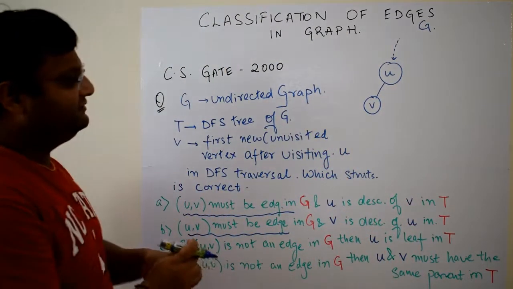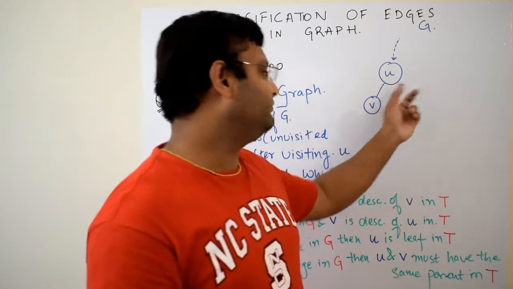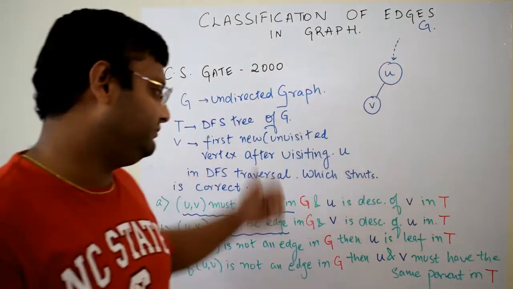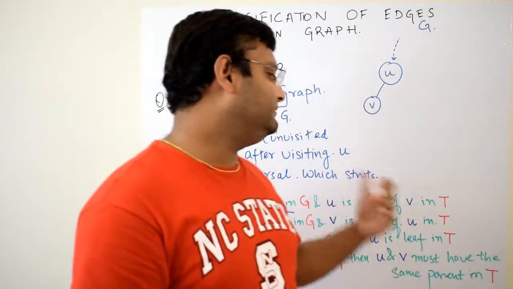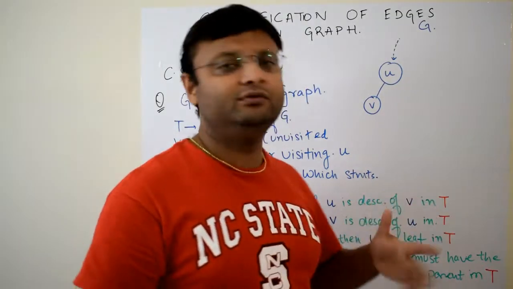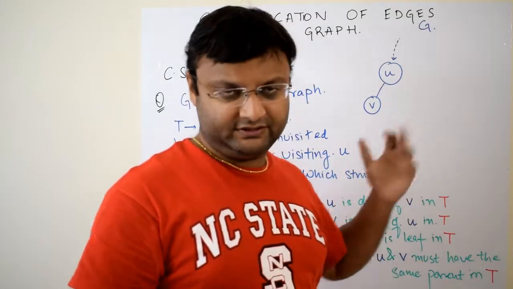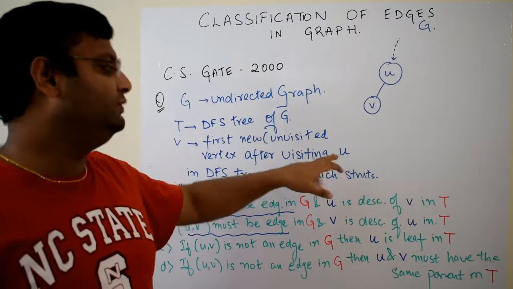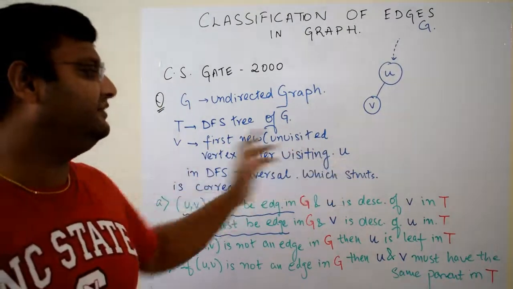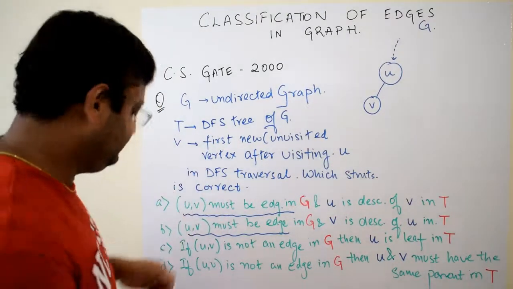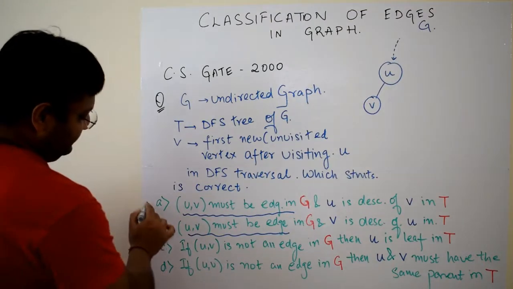So definitely V is the descendant of U rather than the opposite. U cannot be a descendant of V, because in that case V would have been visited first, right? But the question says that U is visited and V is visited after visiting U. So definitely this is wrong.